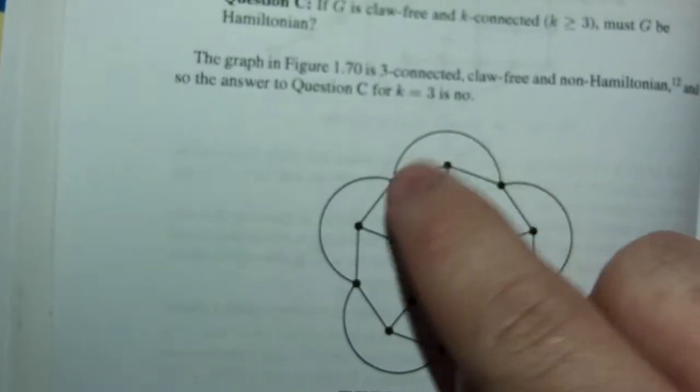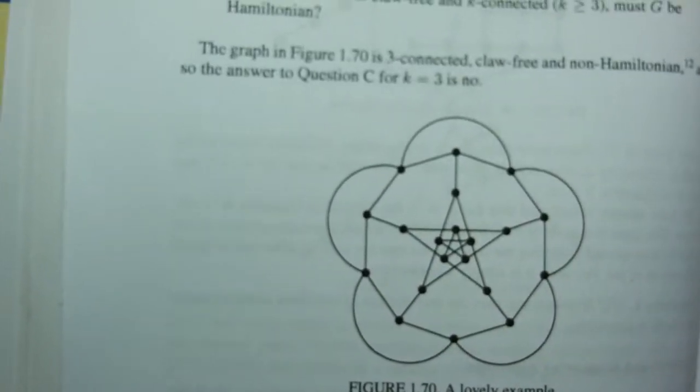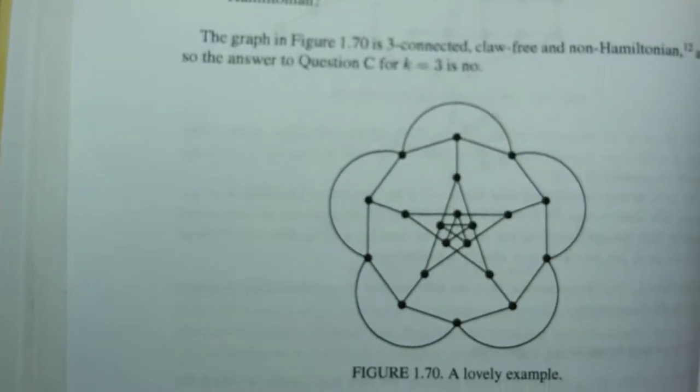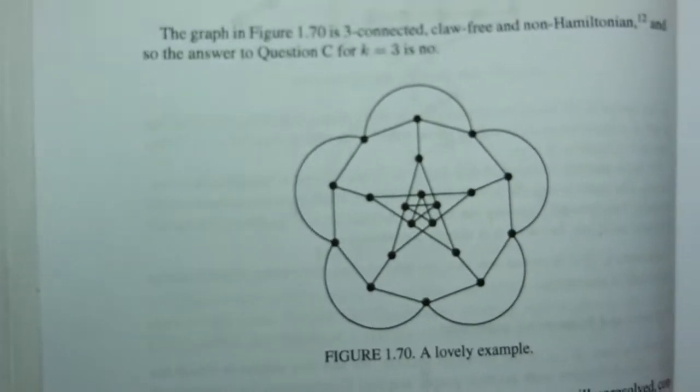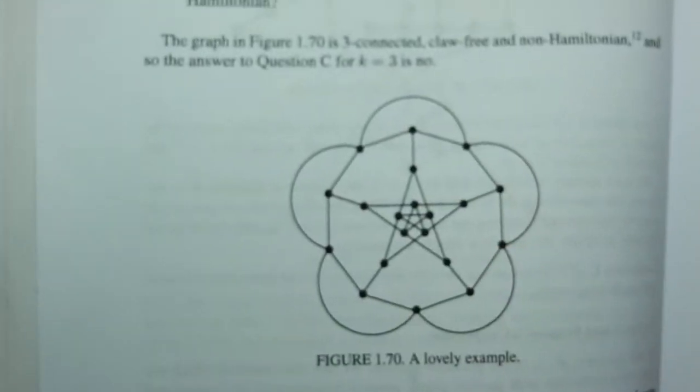So including these outer edges exactly tosses away the claw as a possibility coming from vertices that look like that. Okay, so this is claw-free, it's 3-connected, and it's non-Hamiltonian.